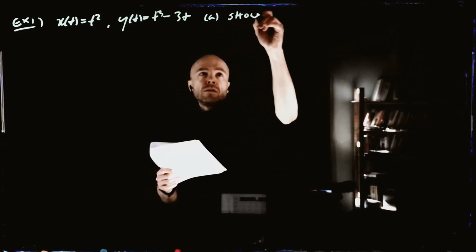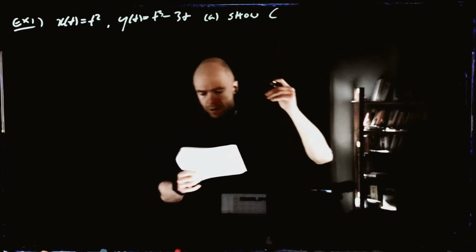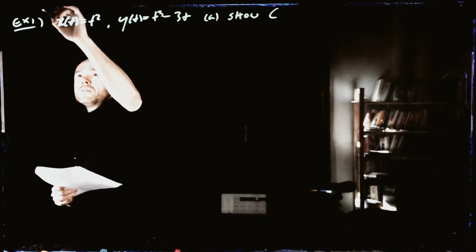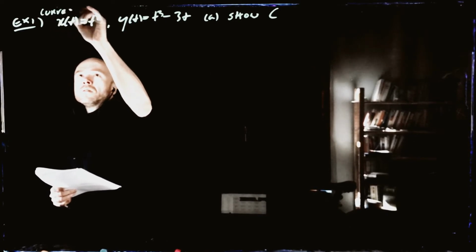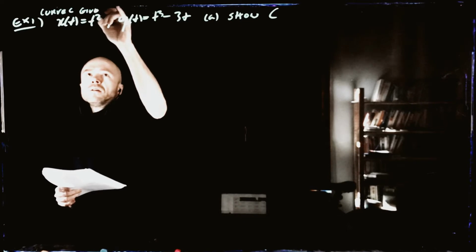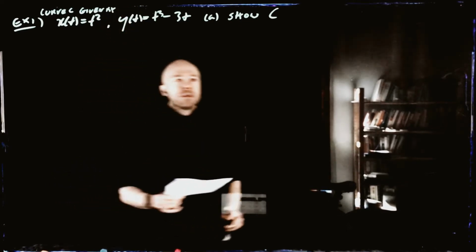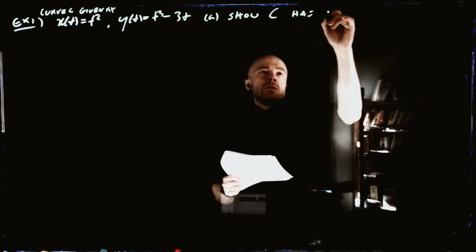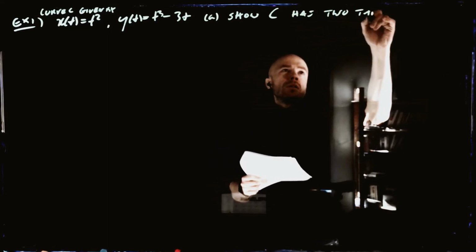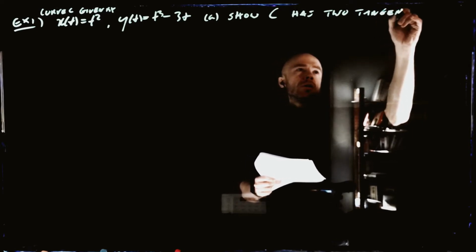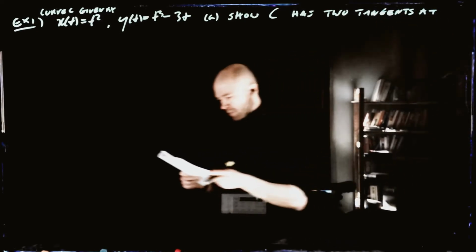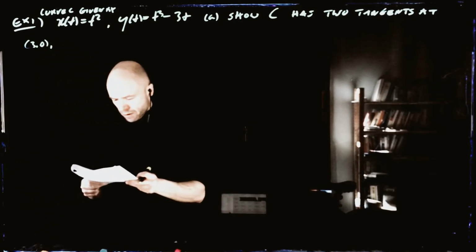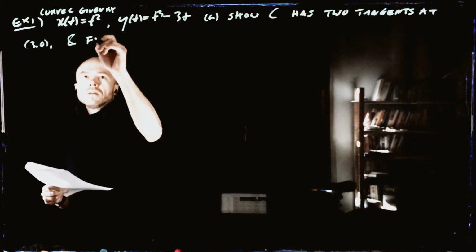Show that C, which is the curve, has two tangents. So let me write curve C given by this thing. Show that C has two tangents at the point 3, 0, and find their equations.